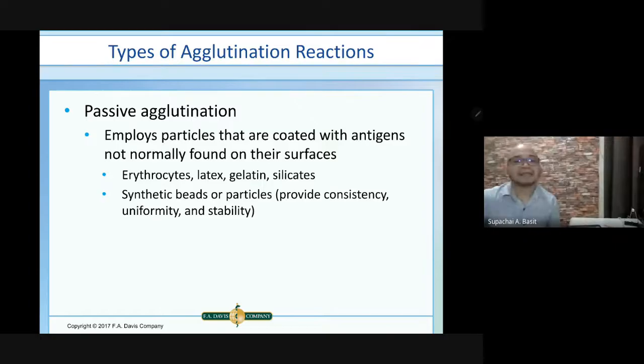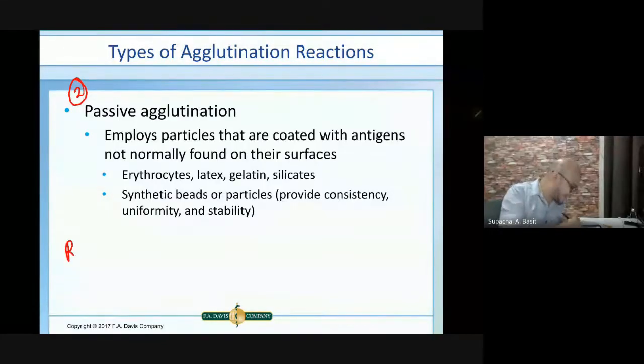Okay. Now let's talk about passive agglutination. So this is now the second type of agglutination, because the direct bacterial and hemagglutination are just subtypes under direct agglutination. Here, in passive agglutination, we employ particles that are coated with antigens not normally found on their surface.